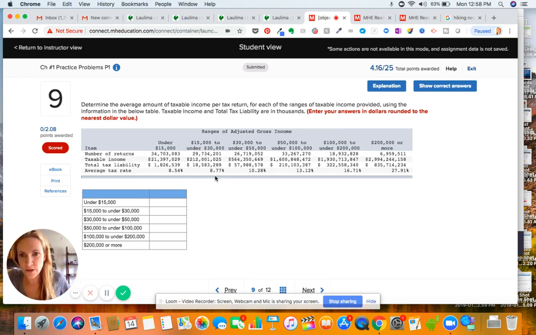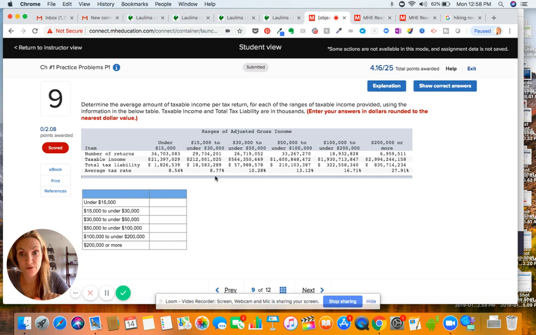So we'll do taxable income, 21,397,029, divided by 34,703,083 for returns. And that gives us 0.61. So that's not correct.